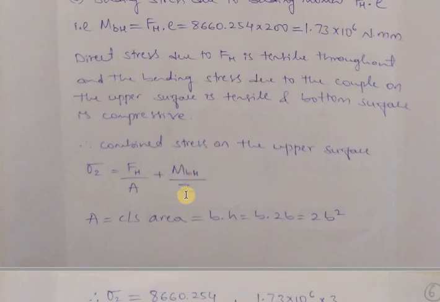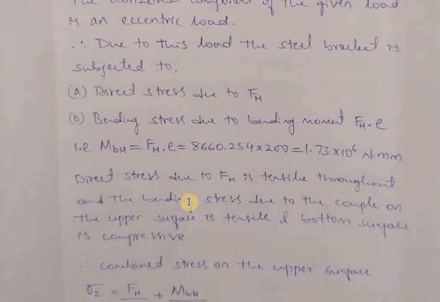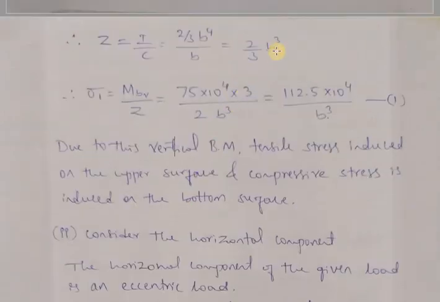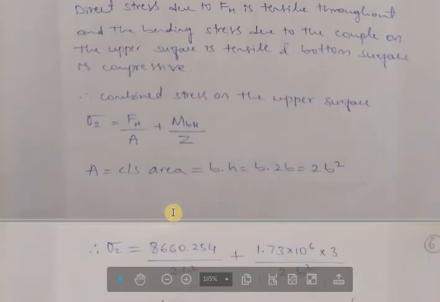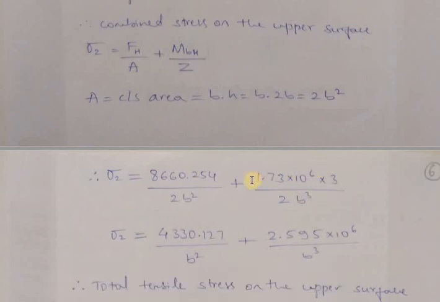We have to calculate the section modulus Z, and section modulus Z was calculated in the previous calculation as 2 by 3 into d cube. So we will substitute all these parameters in this equation, that is horizontal load divided by area plus bending moment due to horizontal load divided by section modulus.